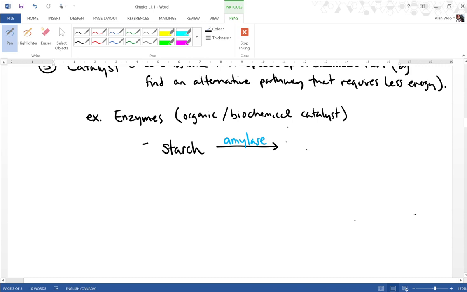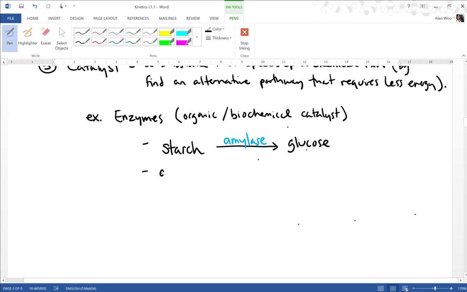They will tend to break down starch into smaller molecules of glucose. Okay, and it does so very, very quickly. Okay, much easier than if you didn't have the enzyme present.